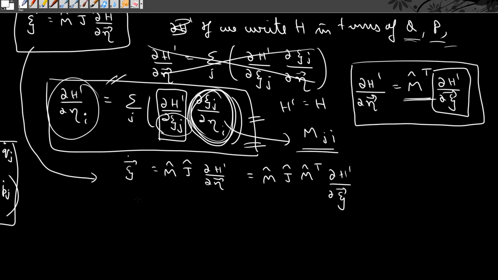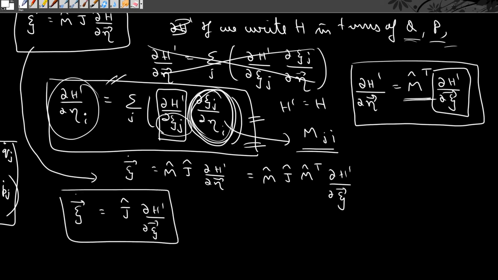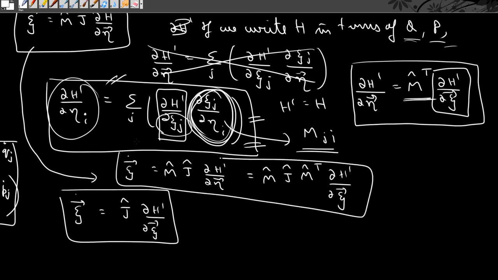But for this to be a canonical transformation, our ψ dot must be equal to matrix J times ∂H'/∂ψ. So comparing this equation with this equation, what we get is that M̂ Ĵ M̂ transpose must be equal to Ĵ.